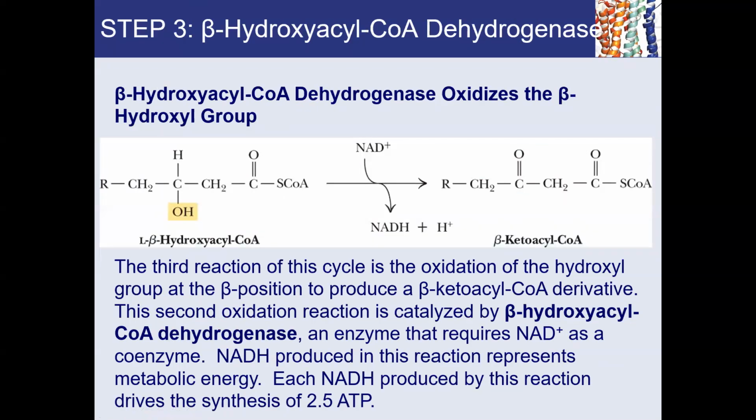In the third step, you oxidize that secondary alcohol using NAD plus, and that reaction is shown here. Again, it will be a hydride transfer, right? How will you push electrons here if you were to show it?